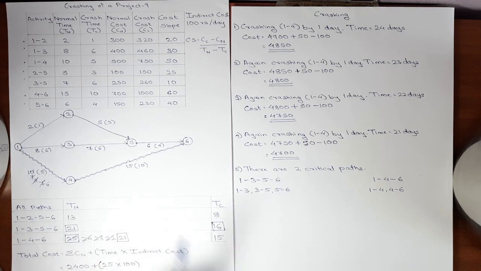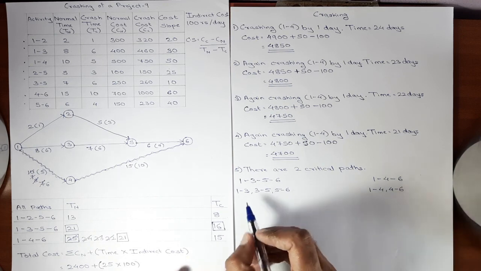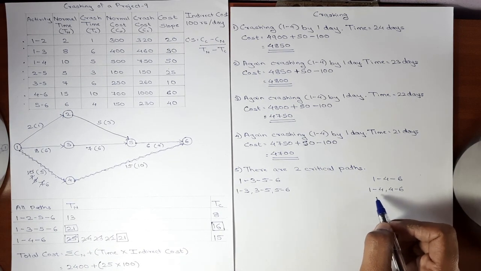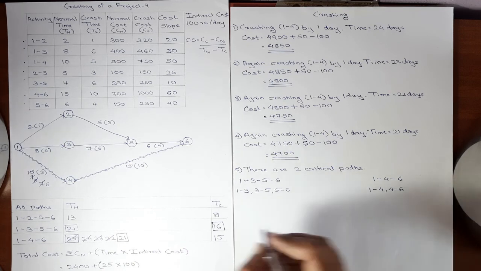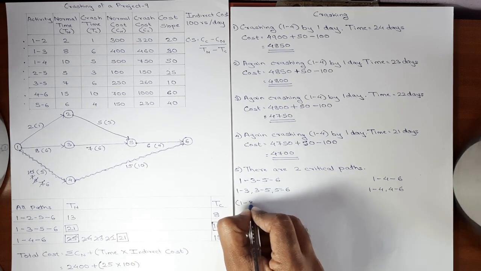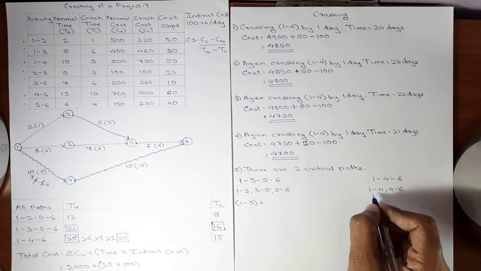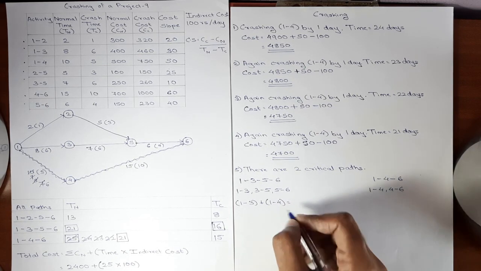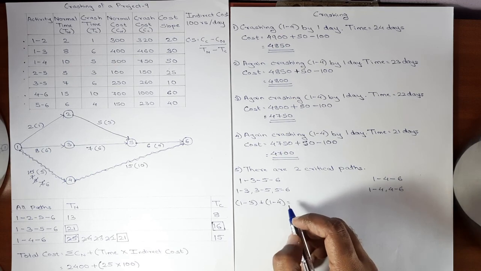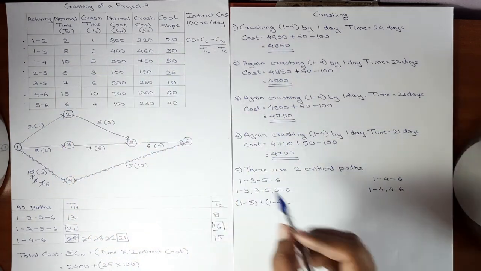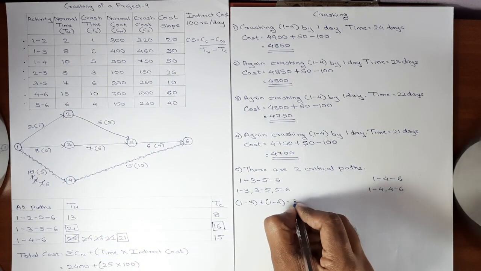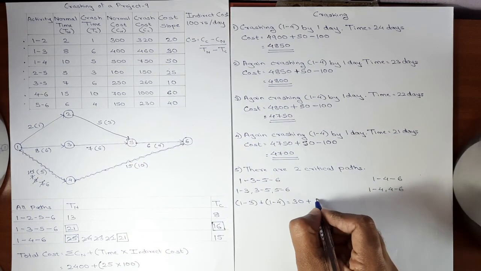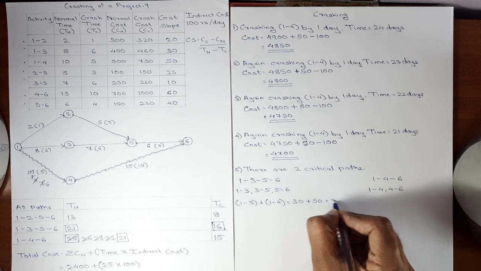So the first combination will be the first activity from the first path, first activity from the second path. That is 1, 3 plus 1, 4. Cost slope of 1, 3 is 30 rupees, and cost slope of 1, 4 is 50 rupees. So 30 plus 50 is equal to 80.